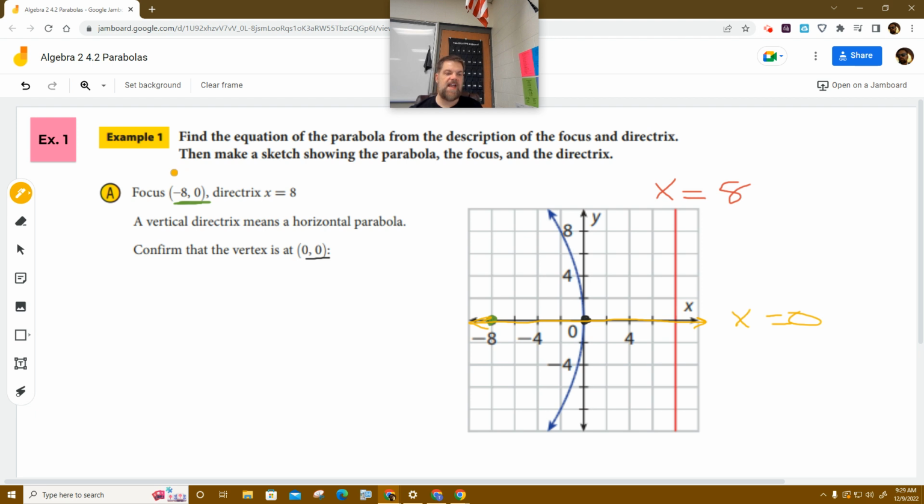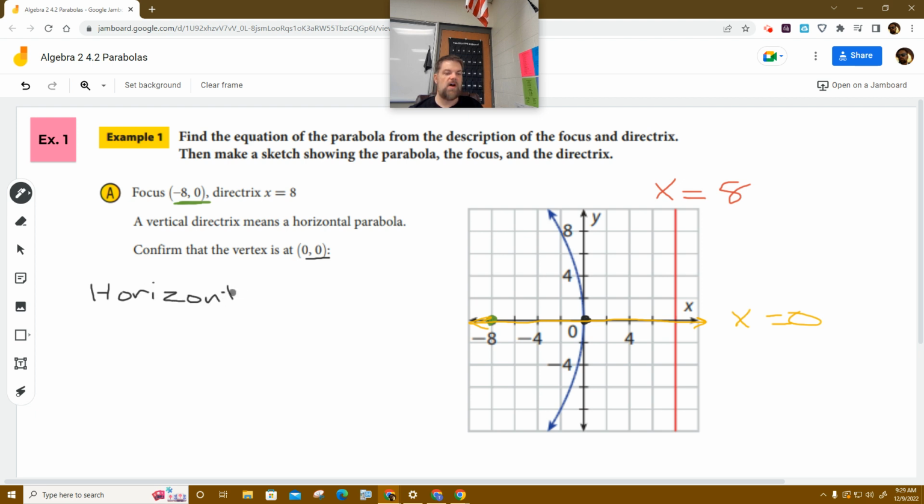And that all comes from that table that you guys just jotted down. So because I have this information, first of all, what type of parabola is this? Well, it's horizontal, right? By looking at the graph, I know that it's horizontal.